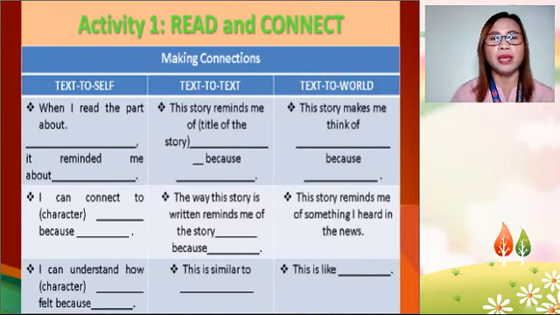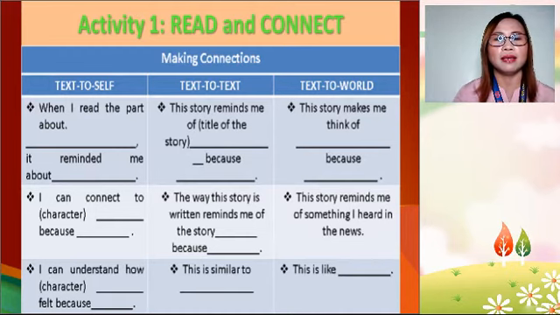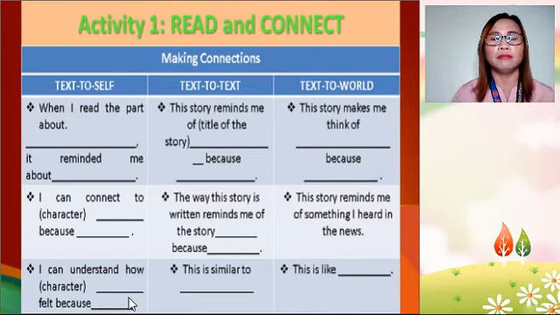Now, as you can see in making connections in activity 1, in text to self: when I read the part about blank, it reminded me of blank. Next, I can connect to character blank because of blank. Next, I can consider how character felt because blank. Now, for text to text: this story reminds me of the title story, blank, because blank.